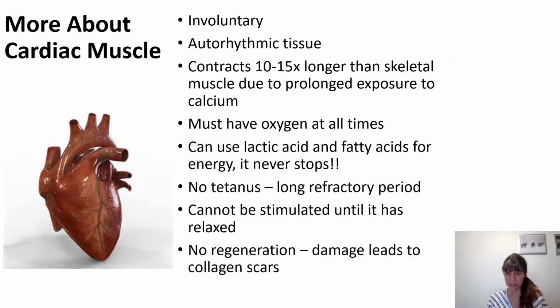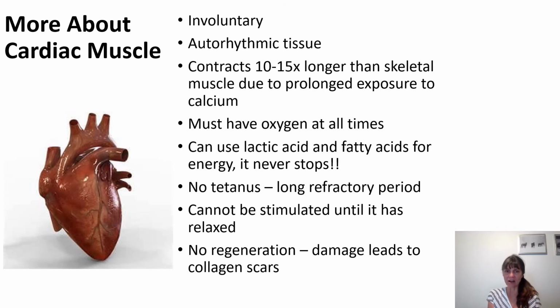Unlike skeletal muscle tissue, which is voluntary, cardiac muscle tissue is involuntary. It is also autorhythmic. It has cells that will cause it to beat on its own. Cardiac muscle tissue can contract 10 to 15 times longer than skeletal muscle because it is exposed to calcium longer.